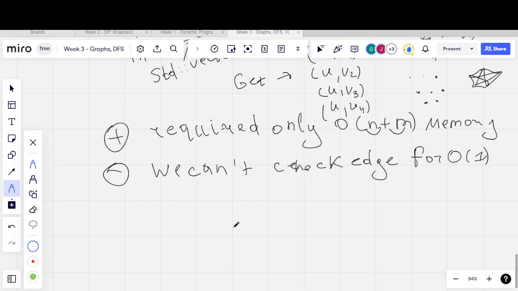But it can be fixed by hashing, and I will tell you a little bit later about this. So it's not a minus, it's just neutralization.